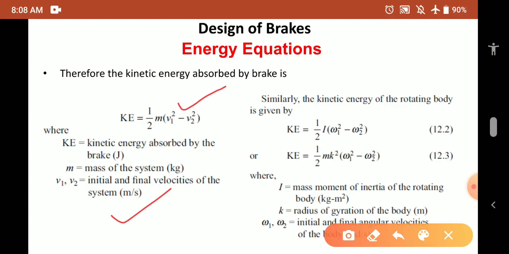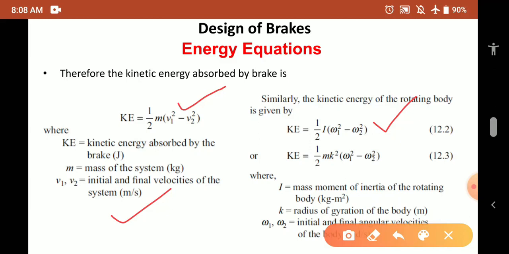Similarly, kinetic energy of the rotating body we can write in terms of angular velocities omega 1 and omega 2. So this kinetic energy is equal to 1/2 I (omega 1 square minus omega 2 square).